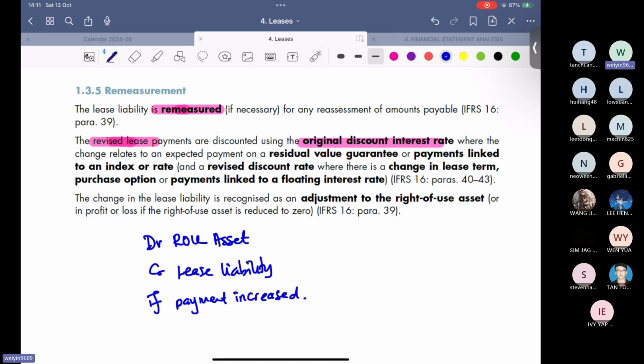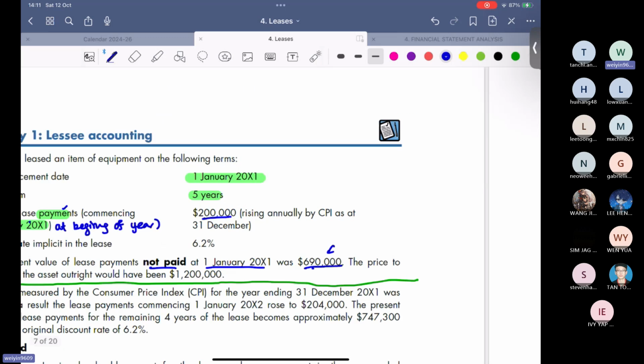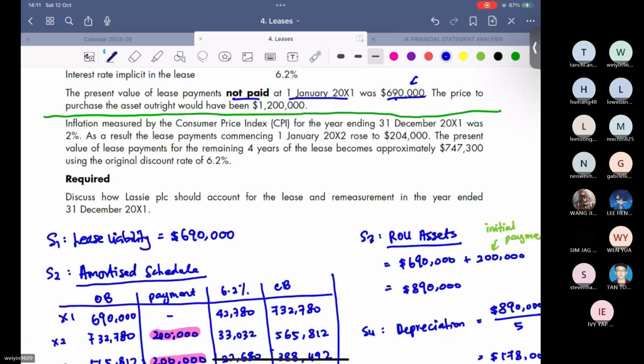So how does this go? Again, go back to this question. He says that inflation, measured by the Consumer Price Index (CPI) for the year ending 31st December X1, was 2%. So we have an inflation of 2%. As a result, lease payment commencing from January X2 rose to 204.